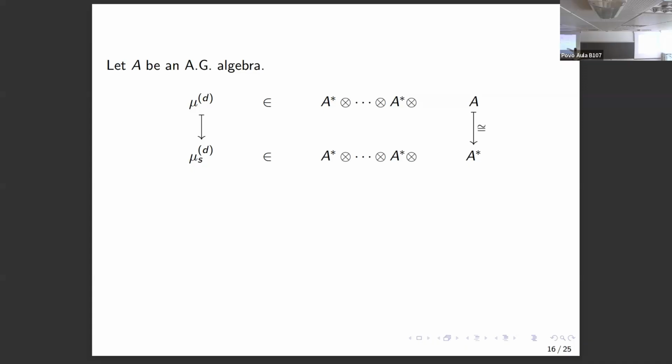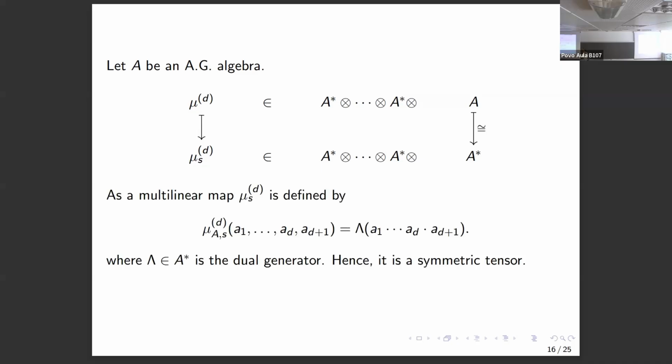And so I have a new tensor, which I'm going to denote S, that lives in the tensor power of A star. And this S stands for symmetric, because as a multilinear map it would take D plus 1 elements and return lambda, where lambda was the dual generator of the Gorenstein algebra, applied to the product of them all. Since this algebra is commutative, I can just swap the elements in here, and it gives me a symmetric tensor, because the result is the same.